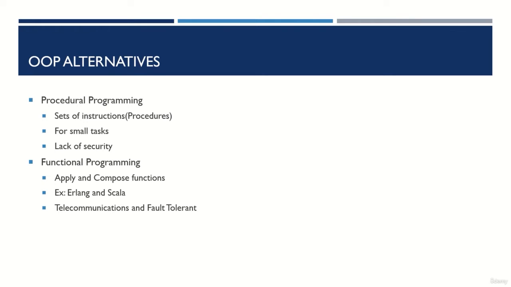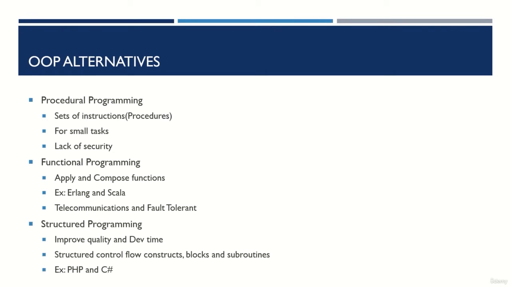By using functional programming, we try to build everything in pure mathematical function styles. Among the programming languages that use this paradigm are Erlang and Scala. For instance, the types of applications that this type of programming is used for are telecommunications and fault-tolerant applications.